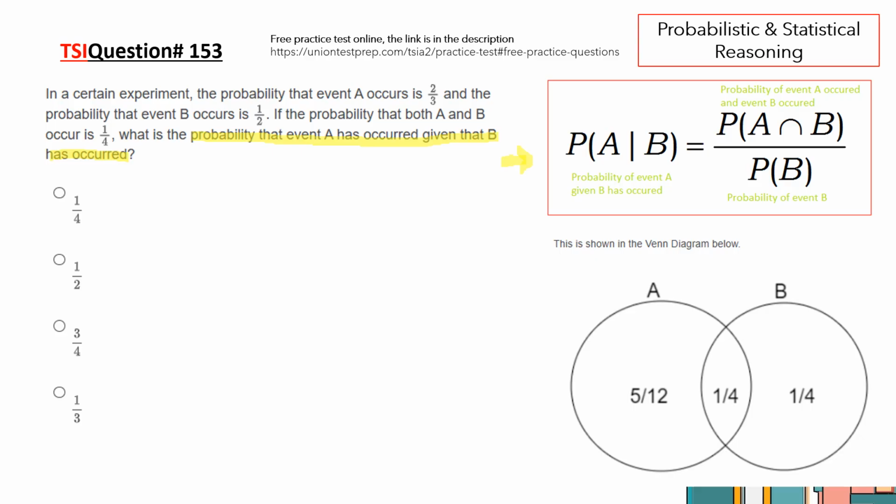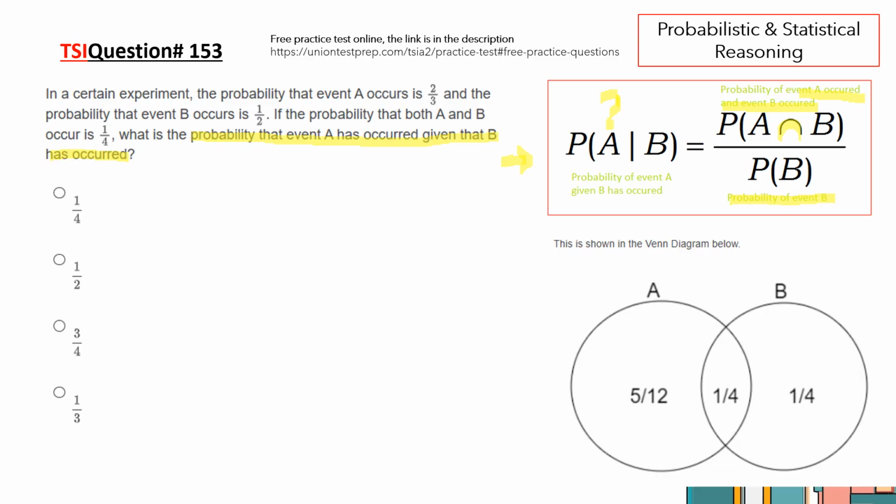To answer this question, we need the probability that event A and event B both occur, A intersect B, divided by the probability that event B occurs.